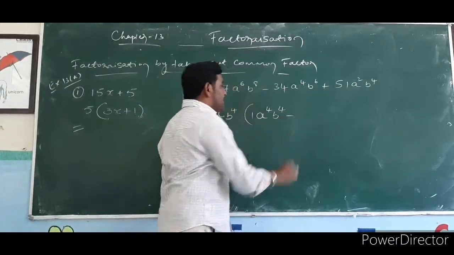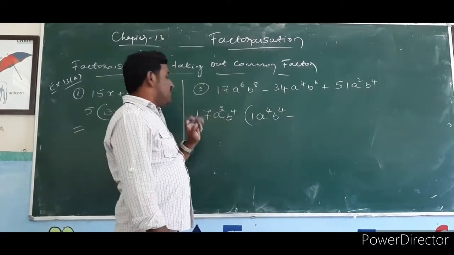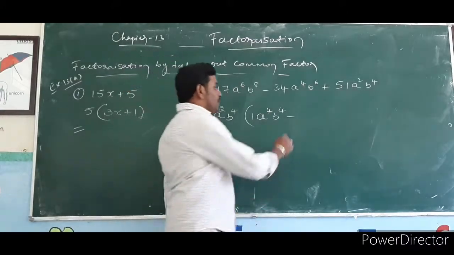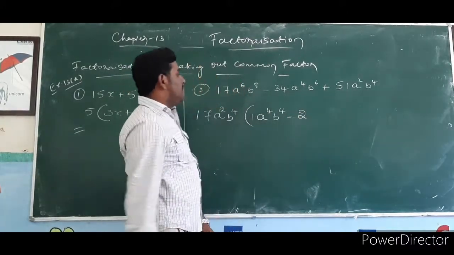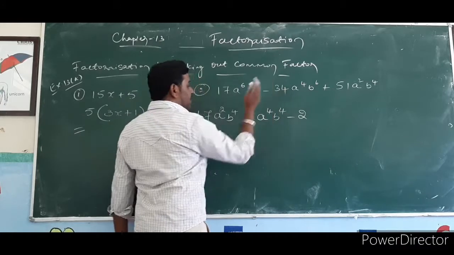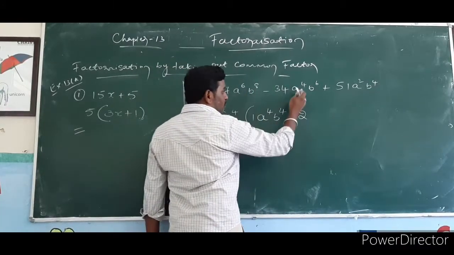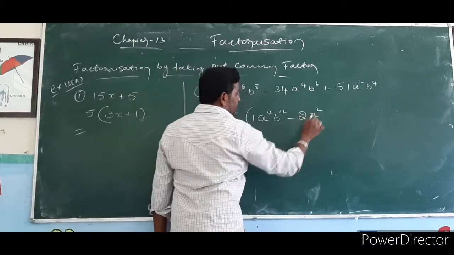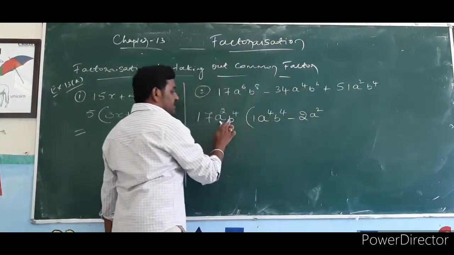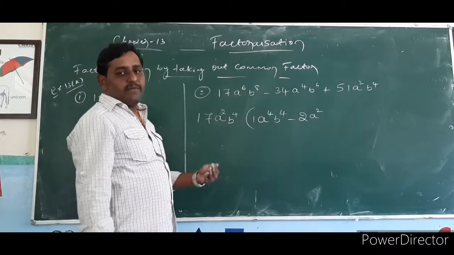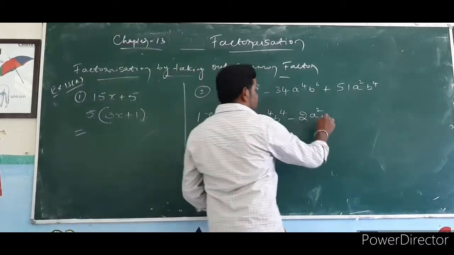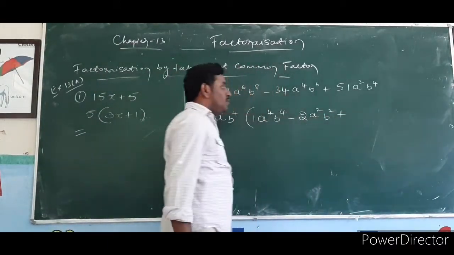Then minus 34 goes by 17, 2 times. 17 2s are 34. Here a to the power of 4 is there. We are taking a to the power of 2 outside. What is remaining? a to the power of 2. b to the power of 6 is there. We are taking b to the power of 4 as a common factor outside. What is remaining? b to the power of 2.